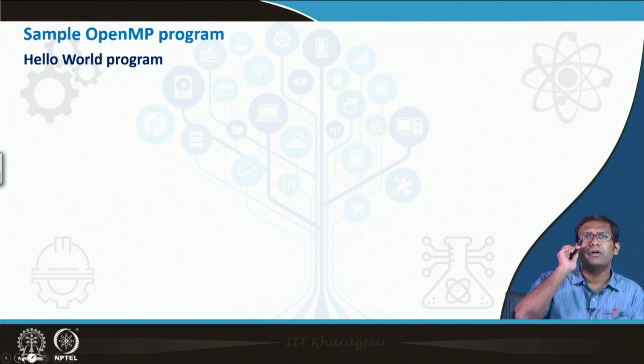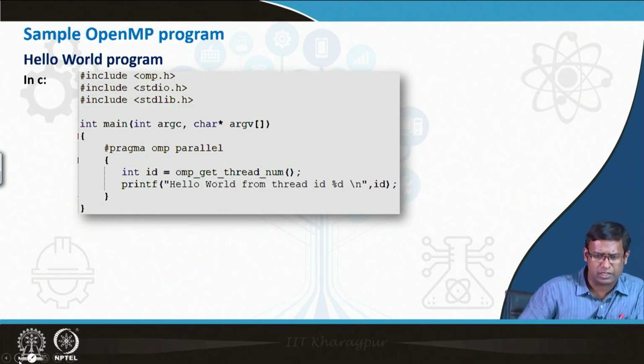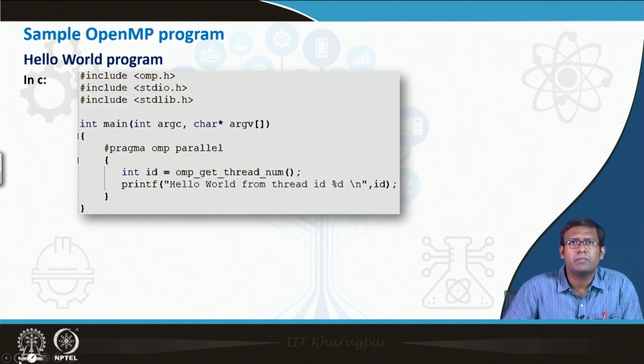So we come to our first OpenMP program, which is a hello world program. Let us see what happens here. It's a C program, starts with include omp.h. This is the header file required in any C OpenMP program. This specifies that there is an OpenMP program and links all the OpenMP libraries.